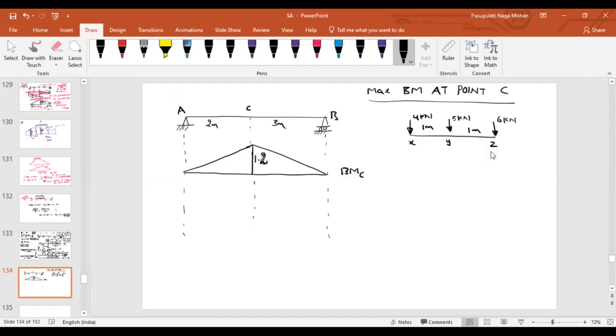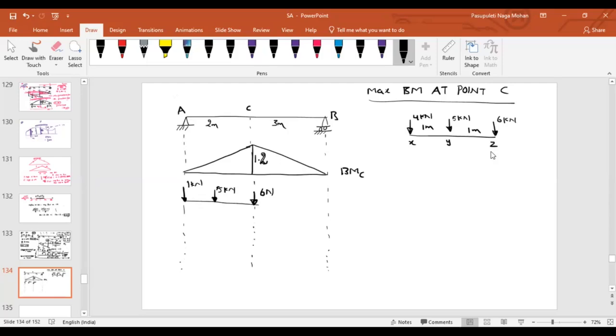What point should coincide with which one? Looking at the ILD and the loading diagram, tell me what might be the possibility. If I talk about where I should place the loading such that I get the maximum ordinate, if I place the maximum load 6 kilonewton here, 5 kilonewton might be placed here, and 4 kilonewton here.